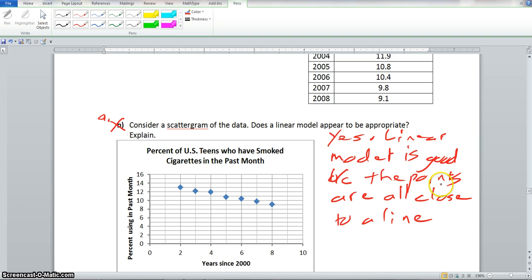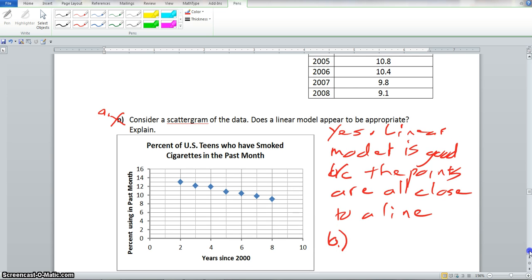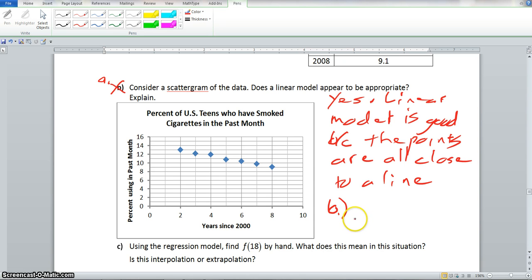Okay, now I do not have your B here, but I could read your B off. It says consider the scattergram of the data. Explain why linear regression would be the best way to find an equation of a linear model for these data. So we will put B here, and we will write why it's the best model.